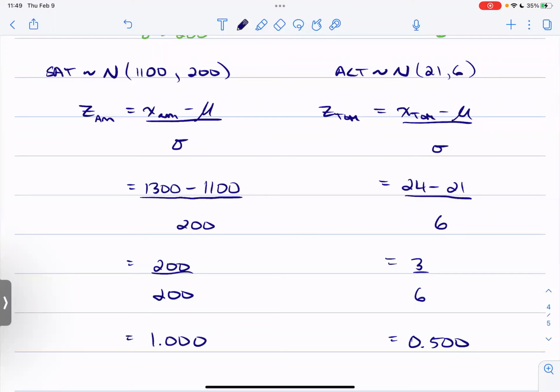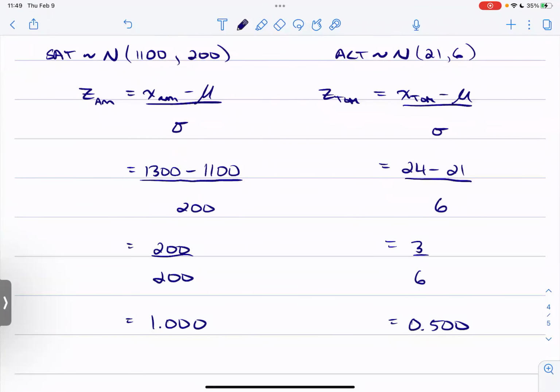I just want to get you guys in good habits right away, right? Of course, 1.000, you can just write 1. That's totally fine. But when we're using the table, we're going to need at least 3 decimal places. So that's why I'm pushing you towards 3 decimal places.